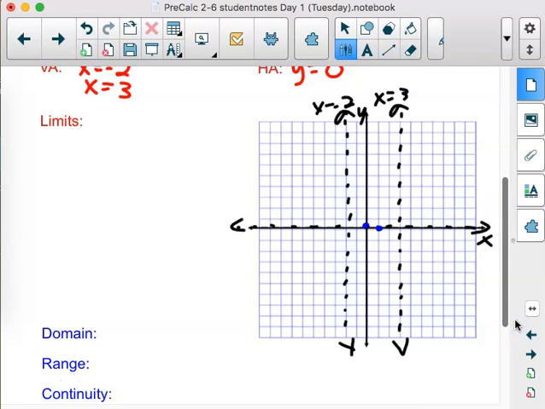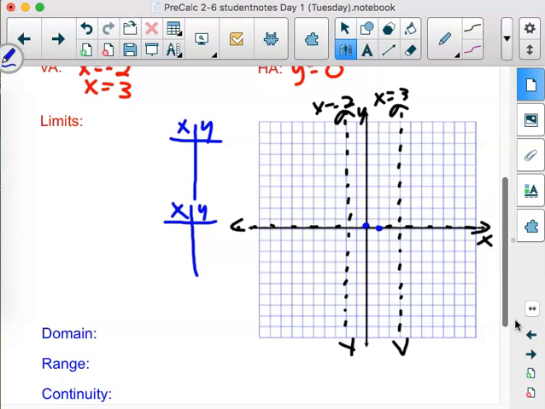But at this point, we'd want to see, what does it look like? So I will want 3 little tables where I'm figuring out what's happening to the left of -2, what's happening between -2 and 3, and then what is happening to the right of 3.